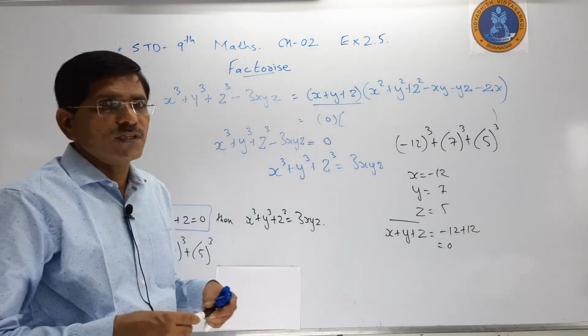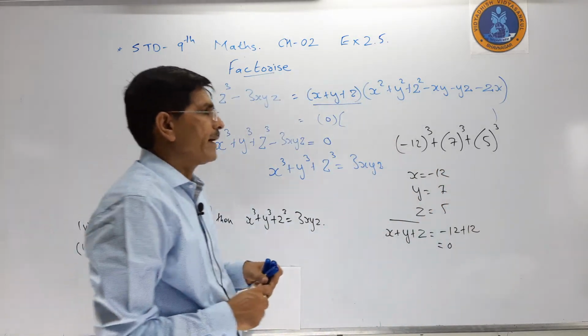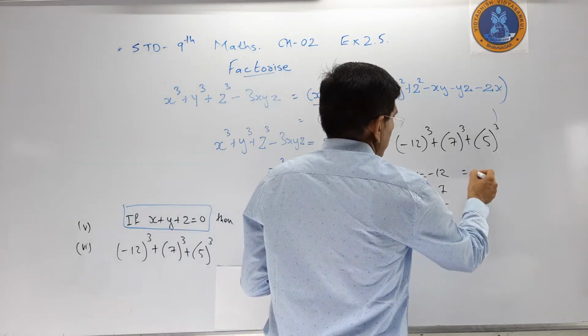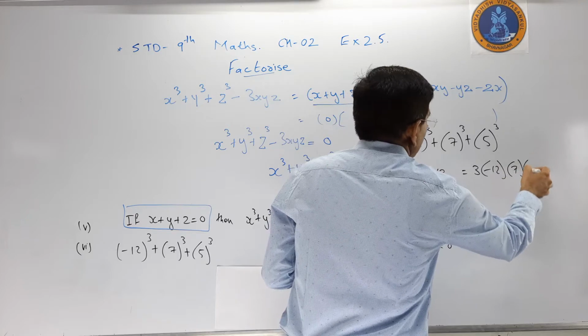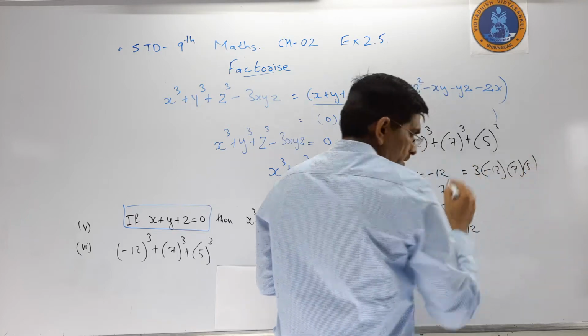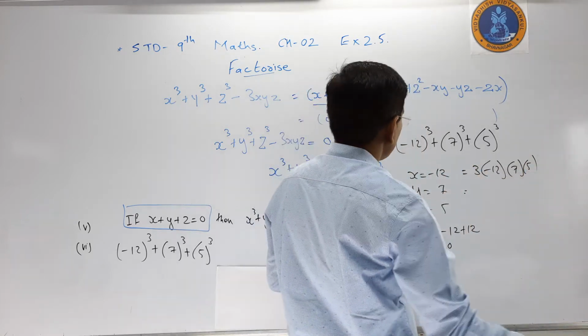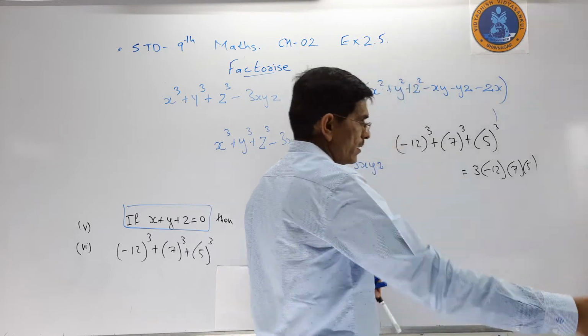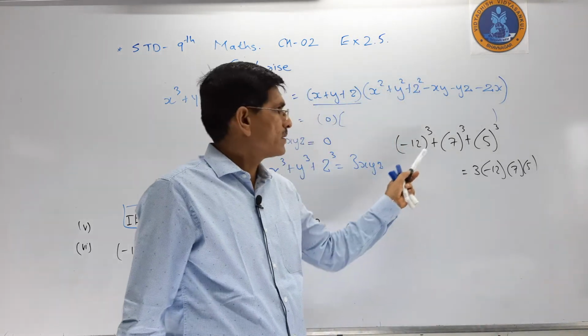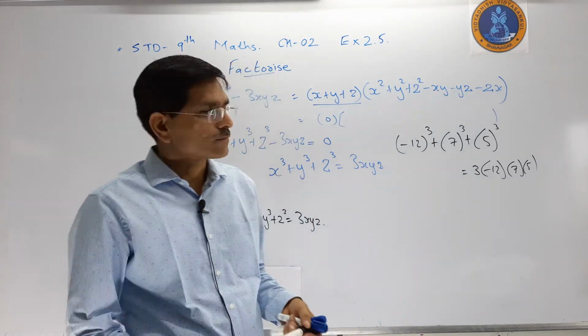When the sum of the three digits is 0, then my answer is 3 into minus 12 into 7 into 5. I just have to multiply 3 with the given numbers, that is x, y and z.